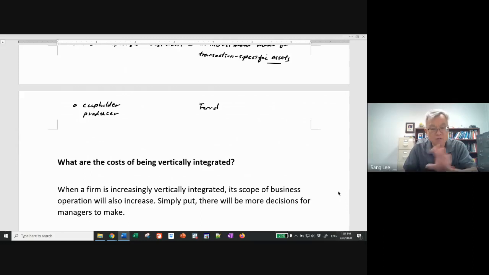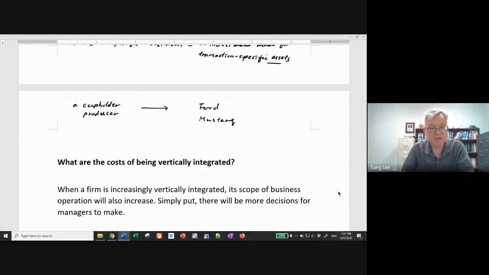These two companies are having market transactions. The cup holder producer will manufacture cup holders designed specifically for the Ford Mustang.